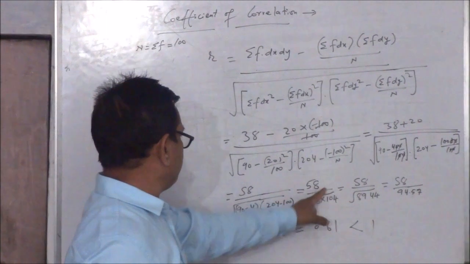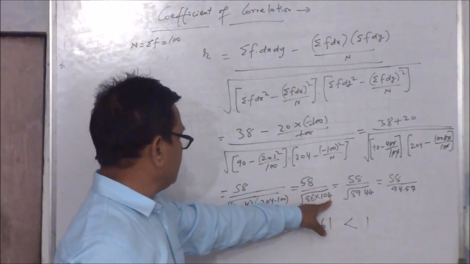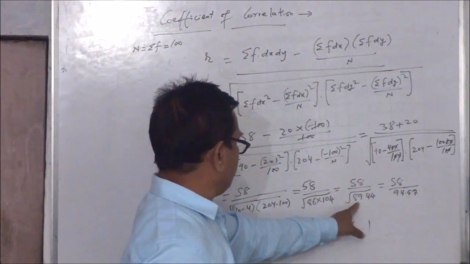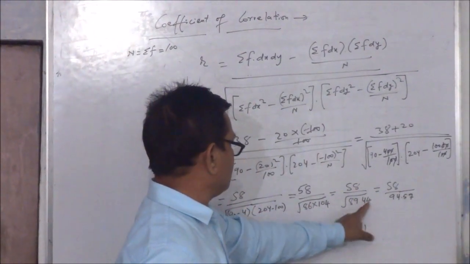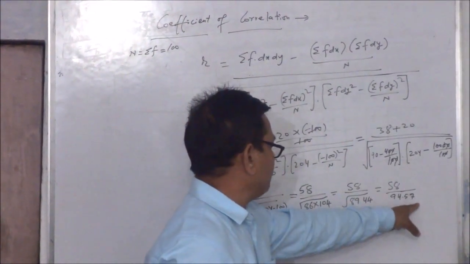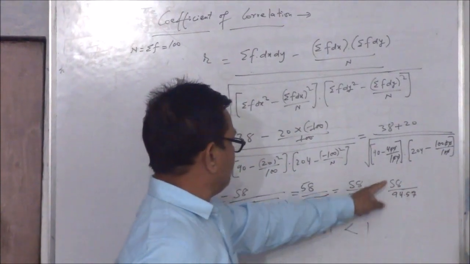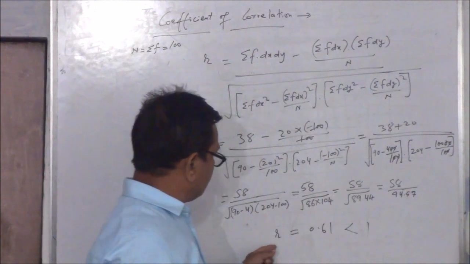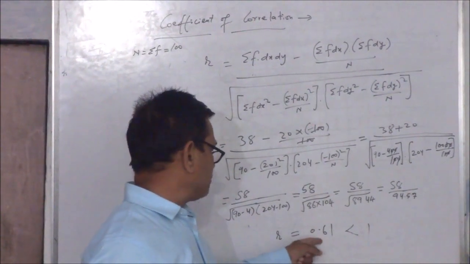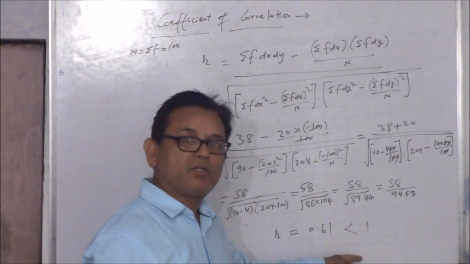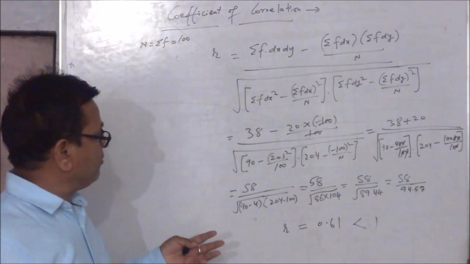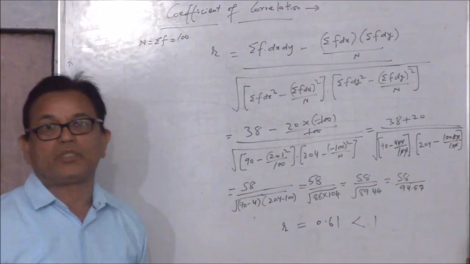This is 58 upon 86 into 104, which is 58 upon under root 8944. Its under root is 94.57. And if 58 is divided by 94.57, we get the value of r, which is 0.61, which is less than 1. So this is the coefficient of correlation for this given group data.